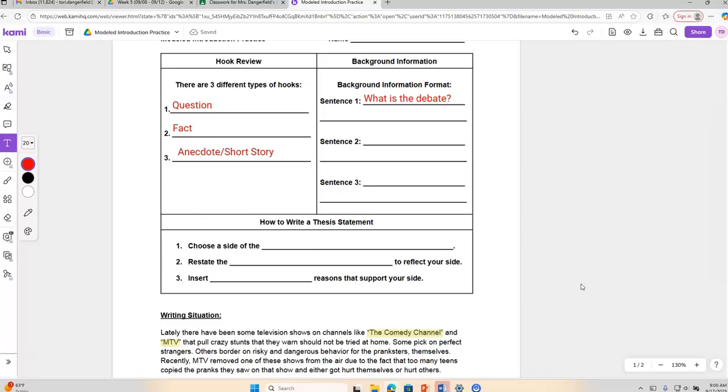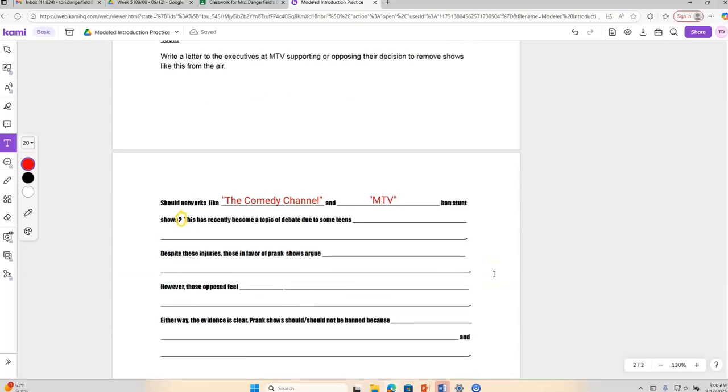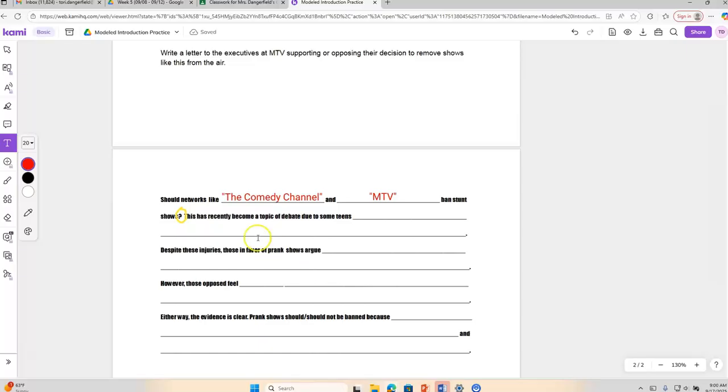If we think about this prompt specifically, we know that people are arguing about these specific shows being taken off the air. So I'm going to go back down. Let's look at our next sentence. This has recently become a topic of debate due to some teens blank. Remember, work smarter, not harder.